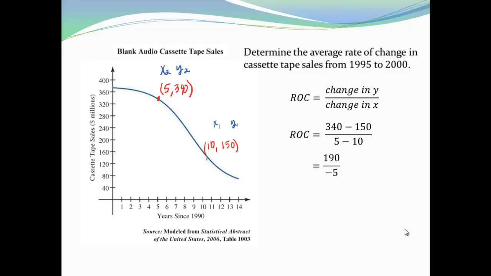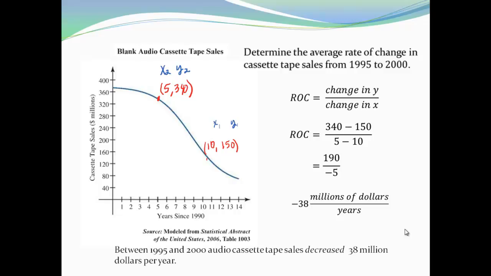So here I'm going to have 190 over negative 5, and that's going to give me negative 38 millions of dollars per year. So what does that mean? It means between 1995 and 2000, audio cassette tapes decreased $38 million per year.